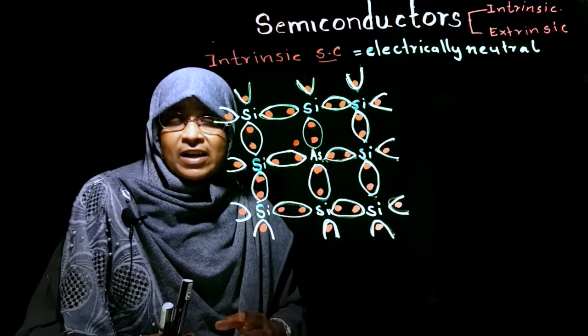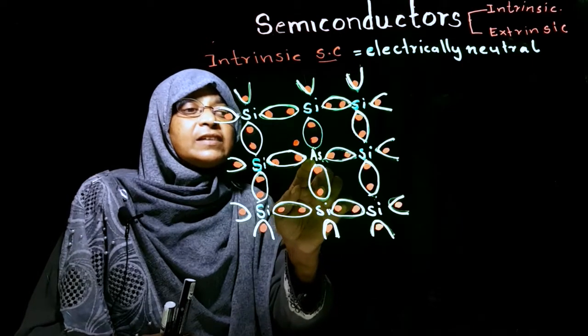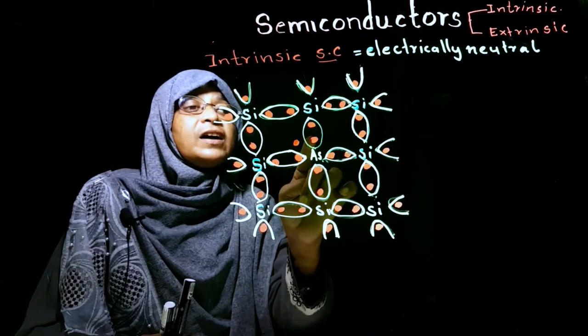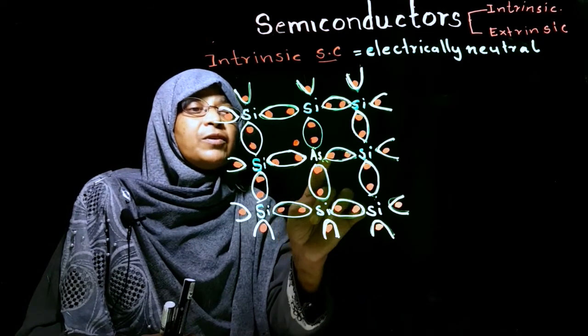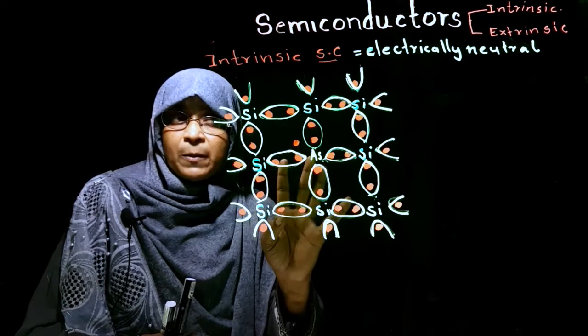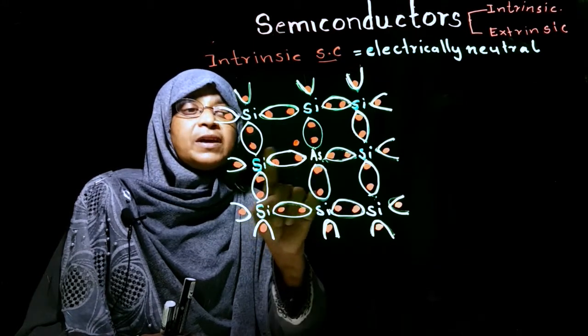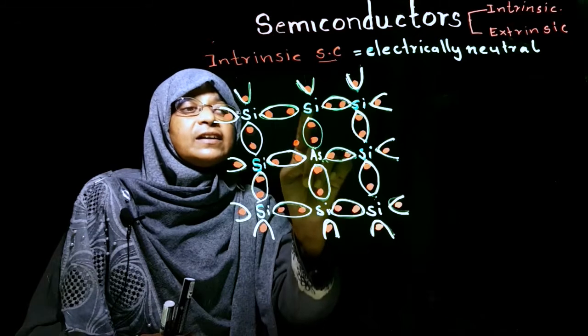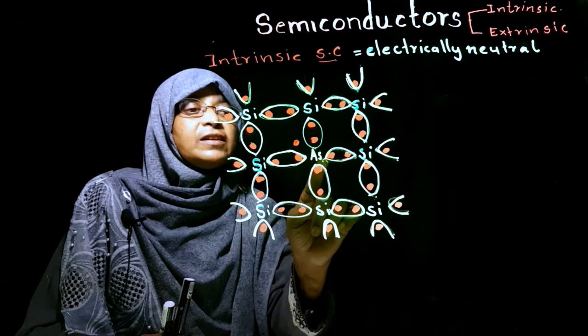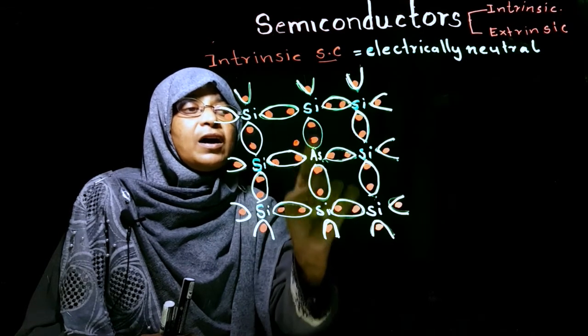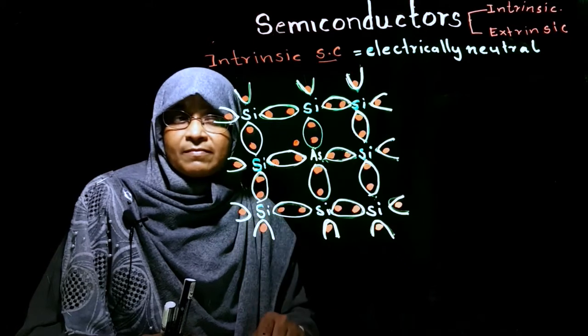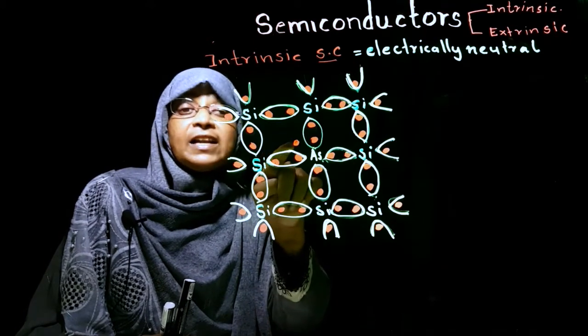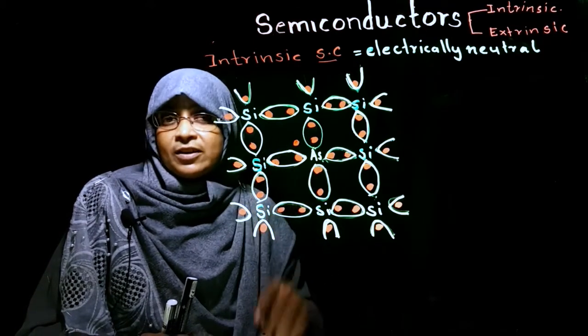Once again, I will explain. This arsenic has 5 electrons: 1, 2, 3, 4, 5. Of these 5, 4 electrons are making bonds with silicon. 1, 2, 3, 4 are in bonds. Only 1 electron is left without a bond.